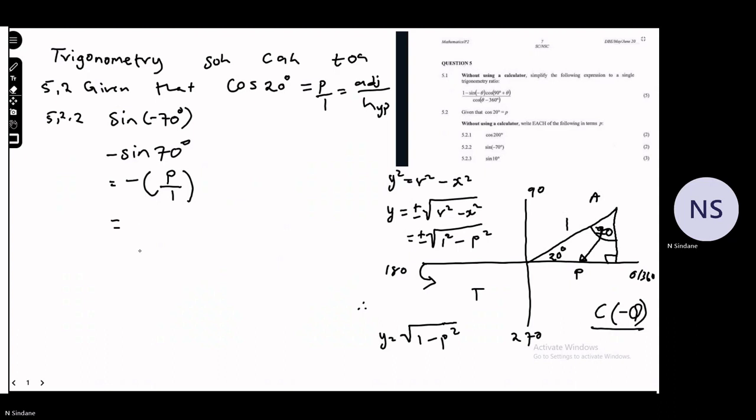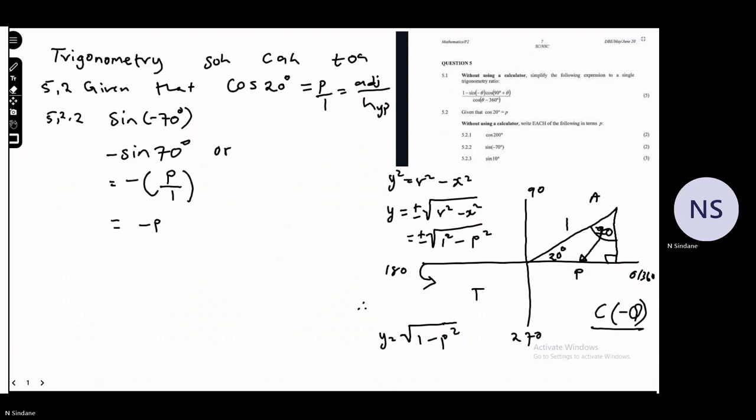Don't forget that. In most cases they say your hypotenuse is the longest side. I don't know about that. What if the sides are equal? These diagrams are not drawn to scale. So I'll always advise you, the side that is opposite to your 90 degree is your hypotenuse, right? And then here I have my minus p as my solution.